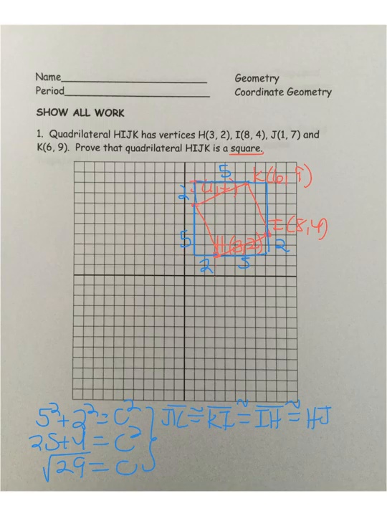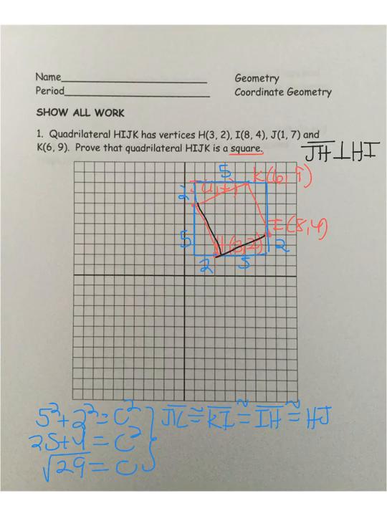Okay, so now negative reciprocal slopes in order to show perpendicular sides. So I'm going to go with side JH and HI. So we want to show JH is perpendicular to HI.